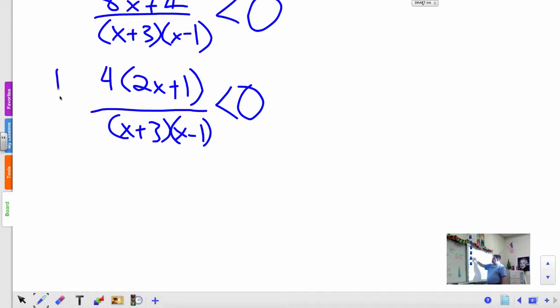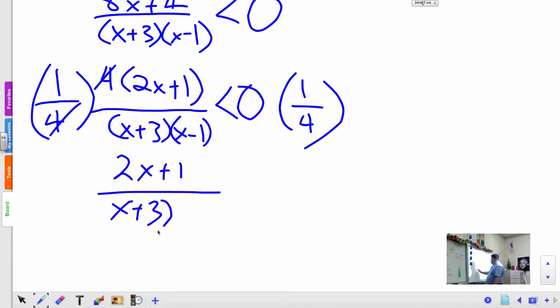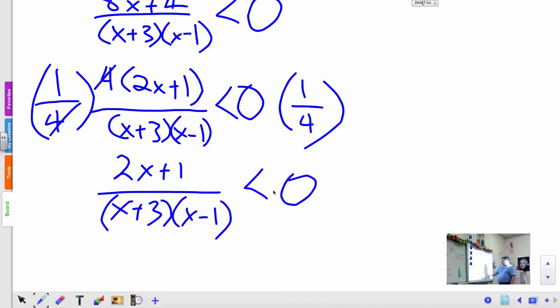In other words, I can multiply this by 1 over 4, and I can multiply this by 1 over 4. This 4 cancels with this. I get 2x plus 1 all over x plus 3 times x minus 1 is less than 0.